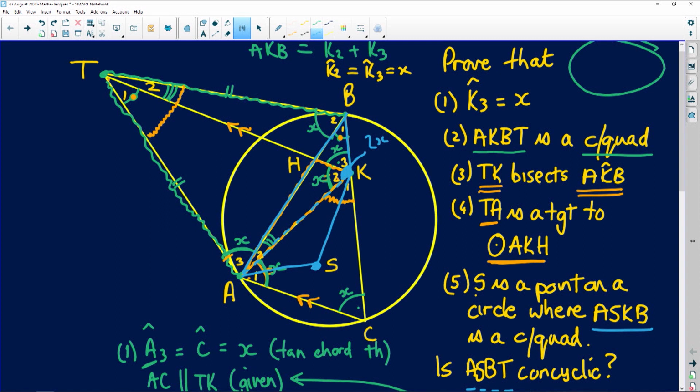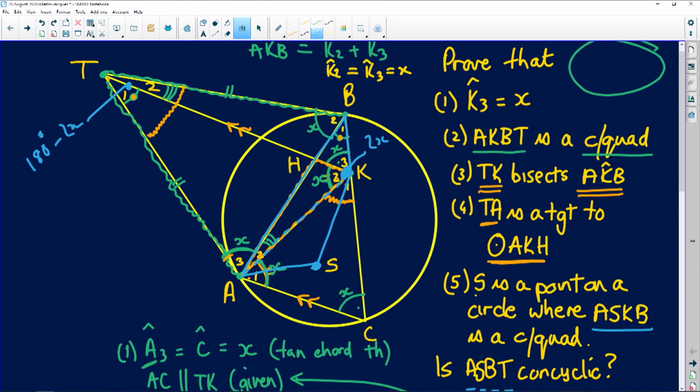Remember, this orange angle here was equal to that angle over there. Now, if this is to be a cyclic quad, then we've got to show that this is 180 minus 2x.